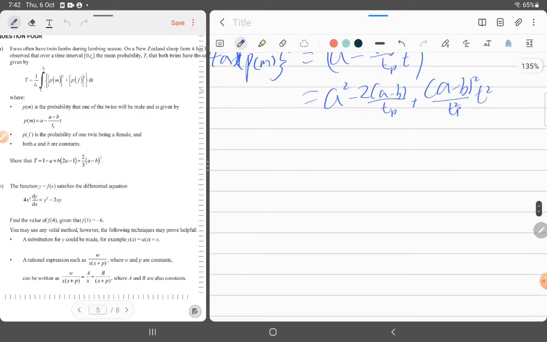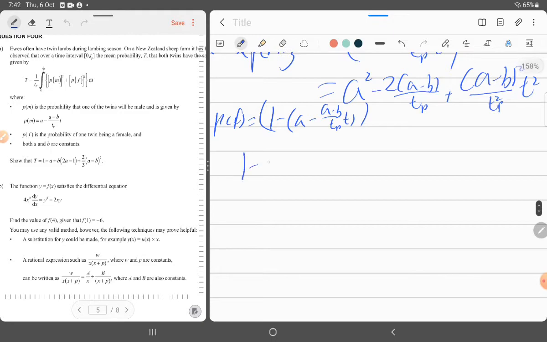And for the probability of female, we can just say 1 minus A minus B over TP t.